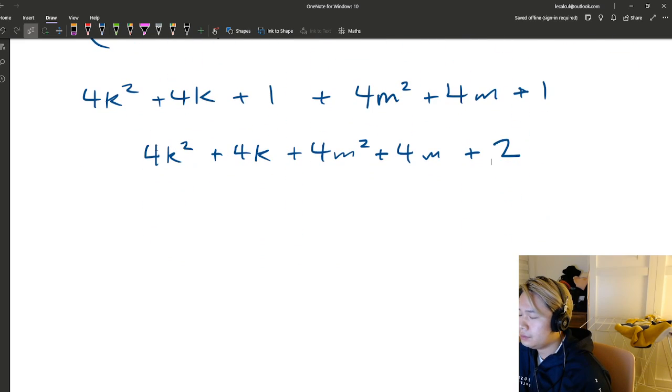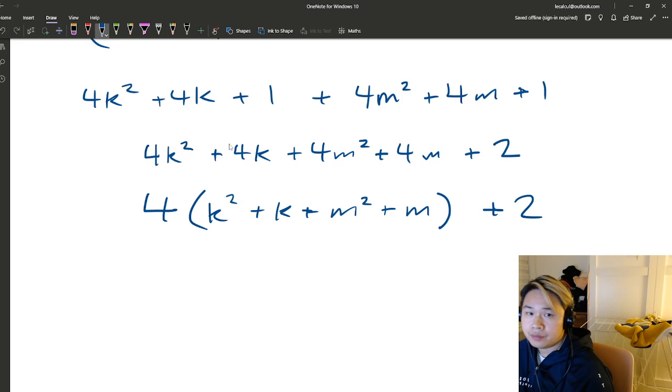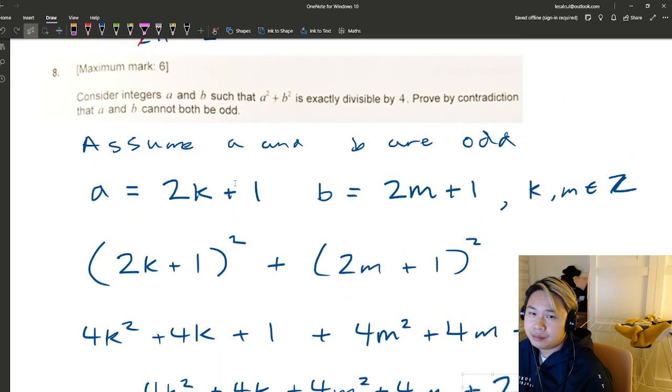Okay. And since k and m are integers, well, here, let's just factor out the 4 from the first 4 terms. But essentially, because we can't factor out a 4 from a 2, a squared plus b squared is not divisible by 4.